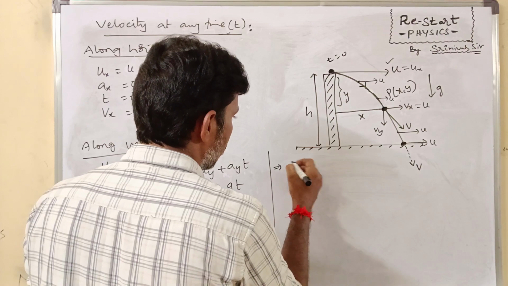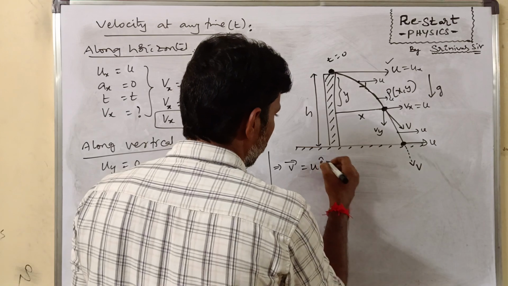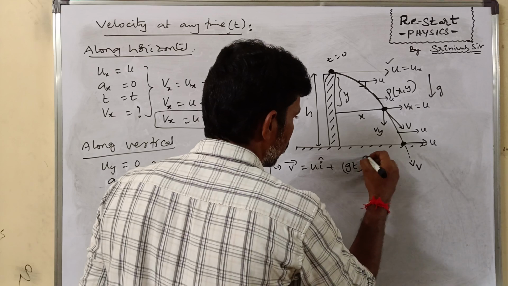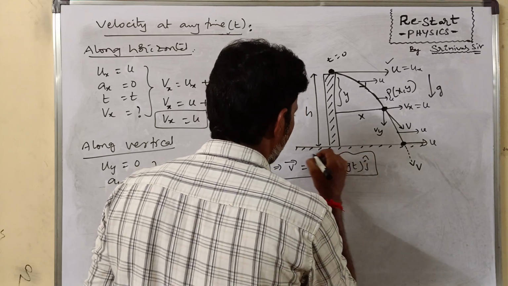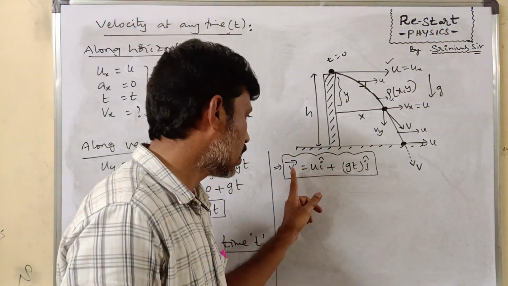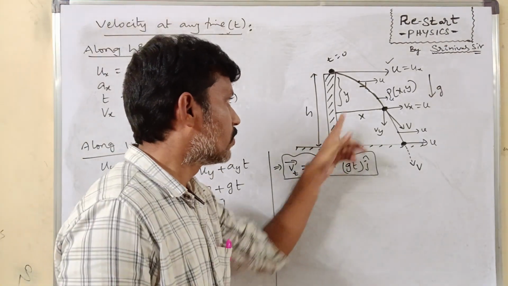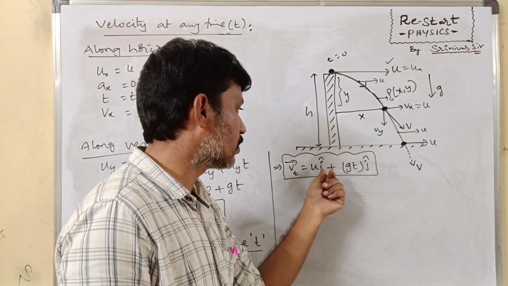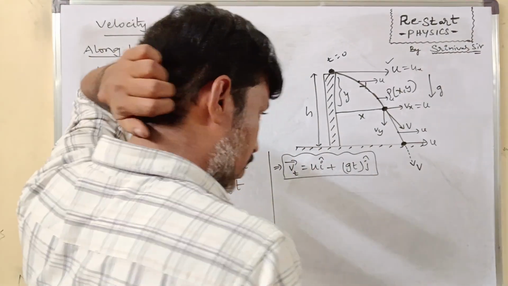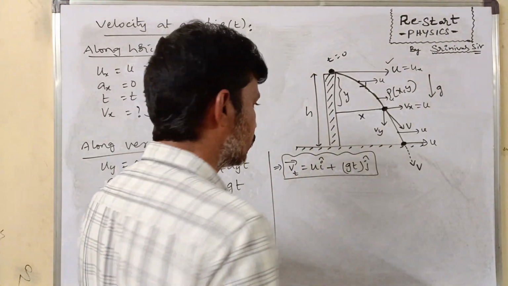From that, v bar is equal to u i cap plus gt j cap. This is the velocity at any time. For example, after 1 second, 2 seconds, 3 seconds, 4 seconds, we can substitute like that. So this is the velocity at any time for a horizontal projectile.